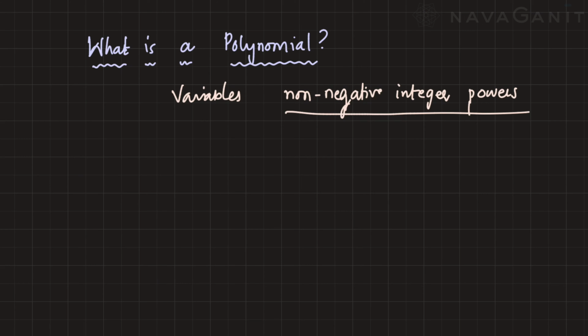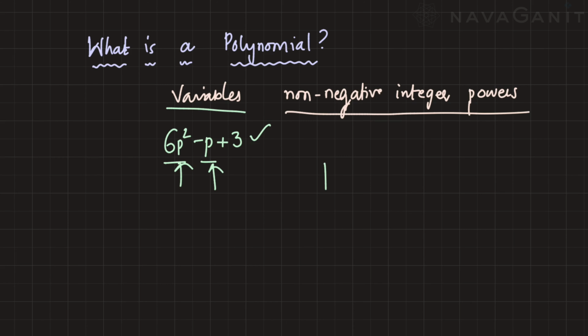So for example, say we have 6p squared minus p plus 3. Now this is a polynomial because if you notice each term, the variables, that is p squared and p, have non-negative integral powers.